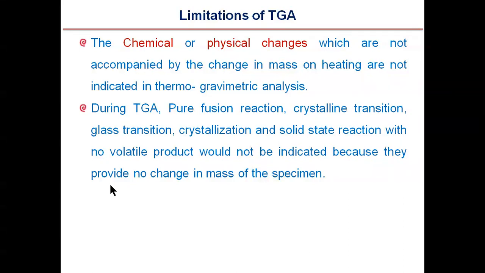So this is very important. I have given one example, that is glass transition temperature. Before and after the transition temperature, the weight of the glass is the same. That's why such physical changes cannot be monitored or examined by TGA.